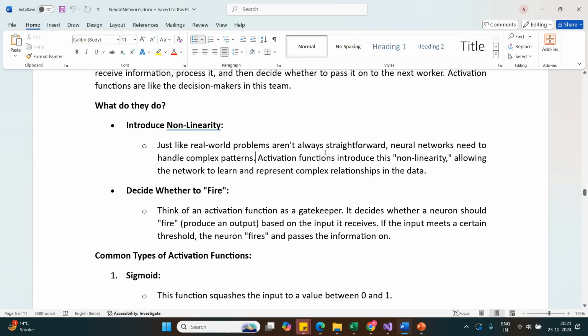Real world problems are not always straightforward, so neural networks need to handle complex patterns. To identify a cat, it could have the face in front of you, or the side face, and you are still able to identify that yes, it is a cat.